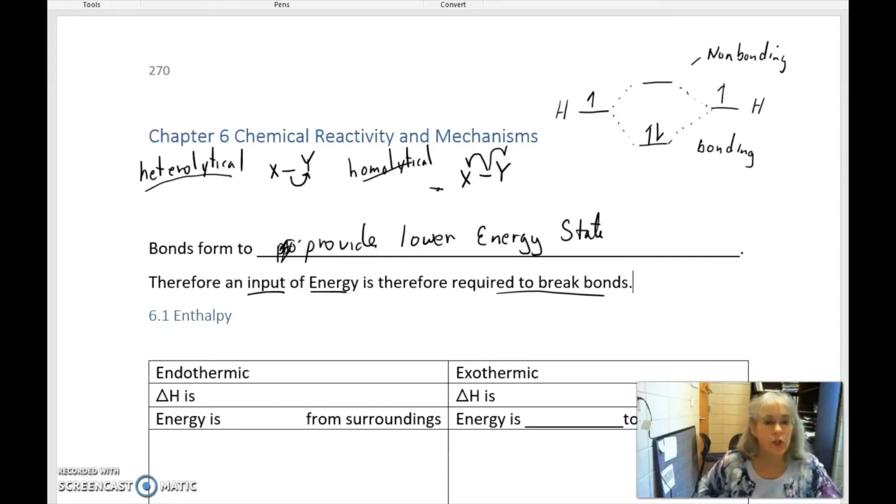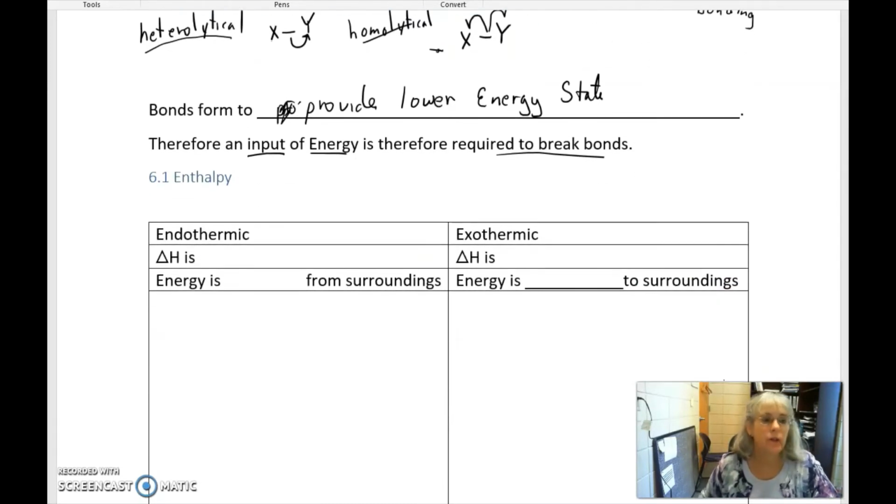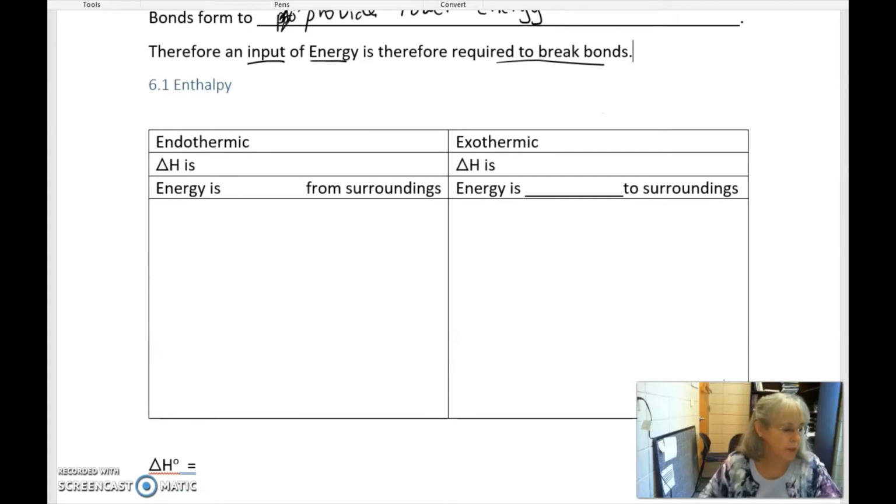Okay, so the two things we'll be looking at here are enthalpy and entropy. So first we'll look at enthalpy. With enthalpy we've got endothermic and exothermic. So for endothermic reactions, the delta H will be positive and energy is absorbed from the surroundings.